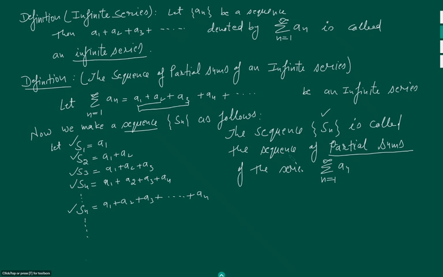So this was the definition of the sequence of partial sums of an infinite series.